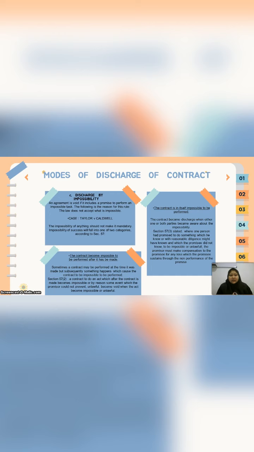The second situation is where the contract becomes impossible to be performed after it has been made.